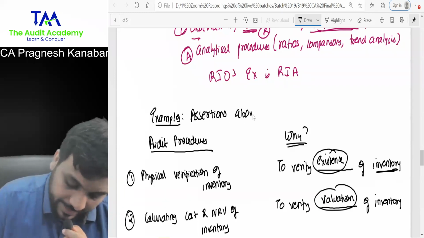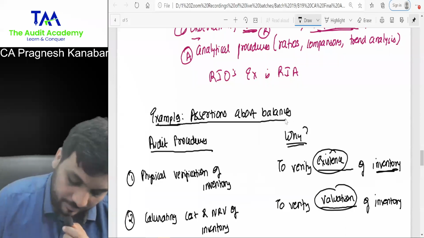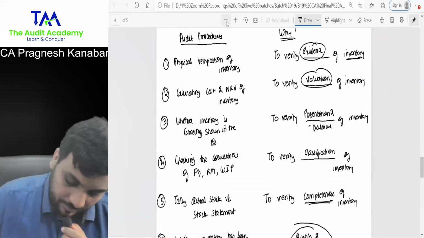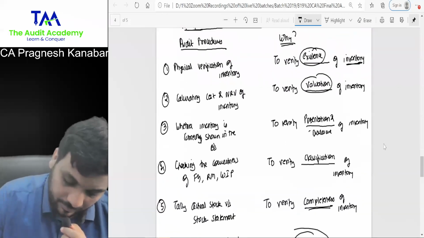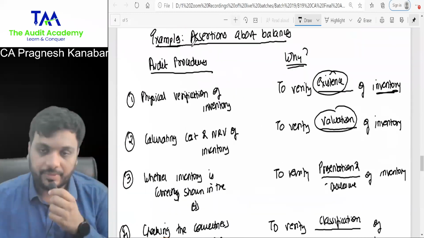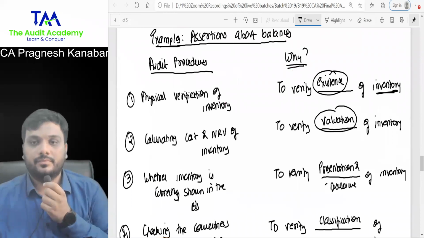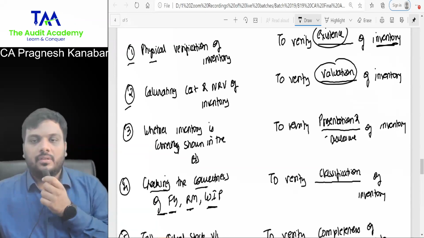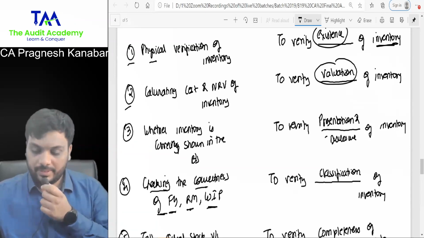Assertions about balances. And you can write these examples. Copy this, please.